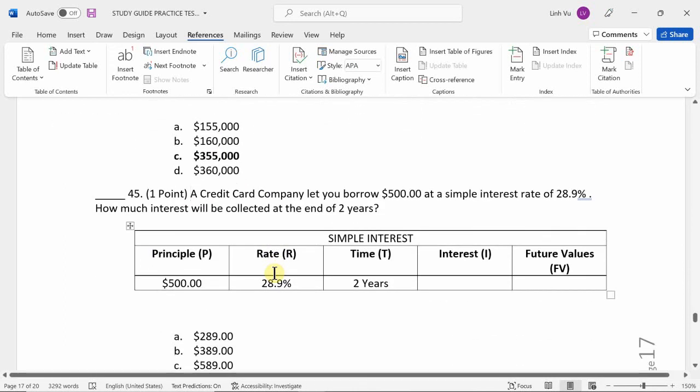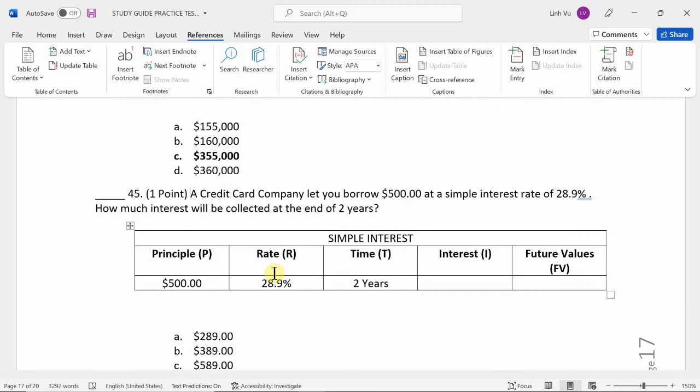So let's take a look here. If a credit card company lets you borrow $500 at a simple interest rate of 28.9%, how much interest will be collected at the end of 2 years? 2890.